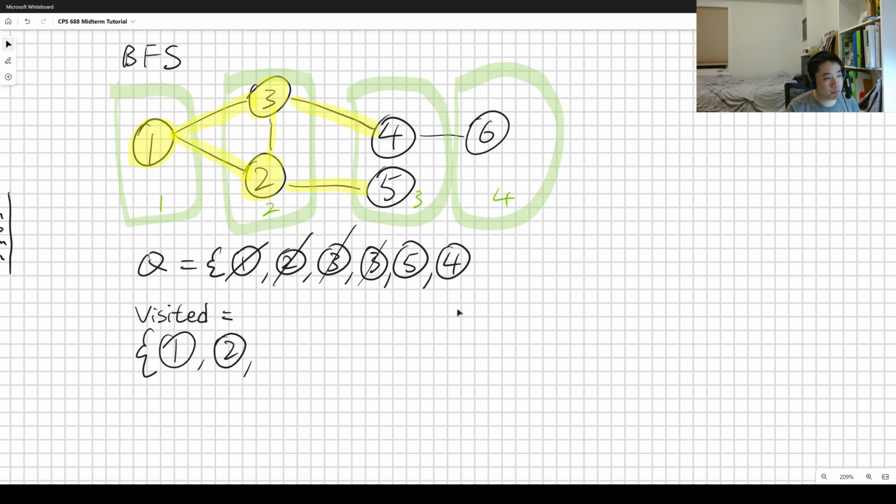So there are cases where the same node will get added twice regardless. So make sure you check to see whether you have visited first. Because we've already visited this, we could just cross this out. Next is the number 5. So we're gonna look at number 5. Number 5 doesn't have any nodes, so oh, actually I forgot to add number 3 here. So number 3 is already here.